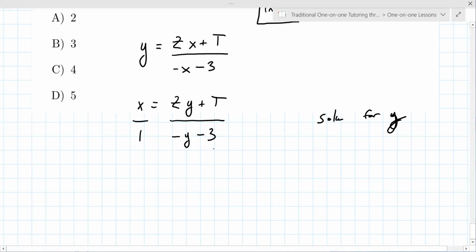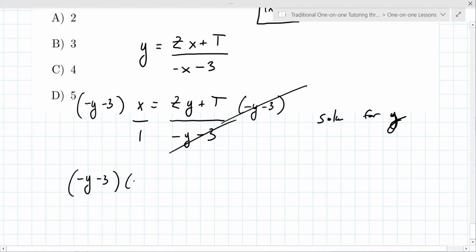You can cross multiply, or you can multiply both sides by minus y minus 3, like this. And you see that they cancel. So this becomes minus y minus 3 times x equals zy plus big T.